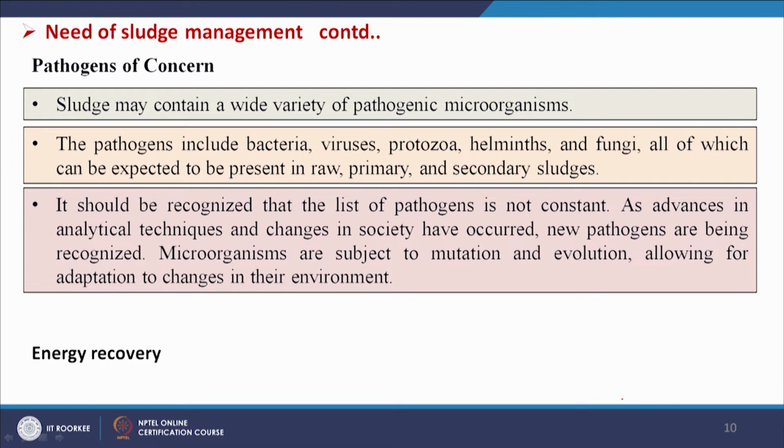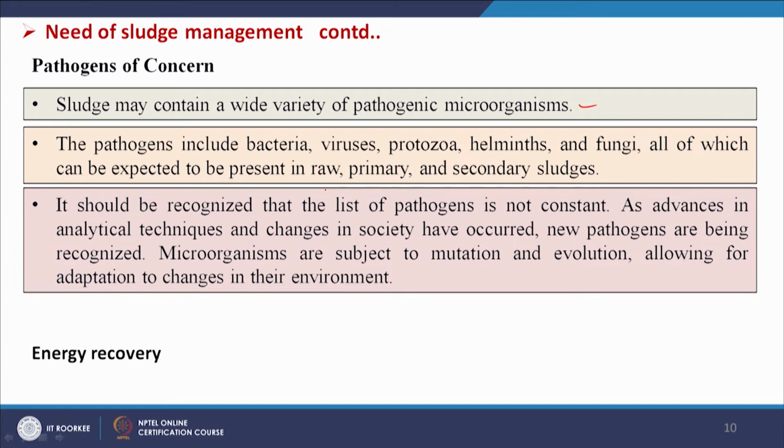Similarly, pathogens may be present in it. Sludge may contain a wide variety of pathogenic microorganisms, and the pathogens include bacteria, virus, protozoa, helminths and fungi, all of which can be expected to be present in raw, primary and secondary sludges. And it is a fact that the list of pathogens is not constant.